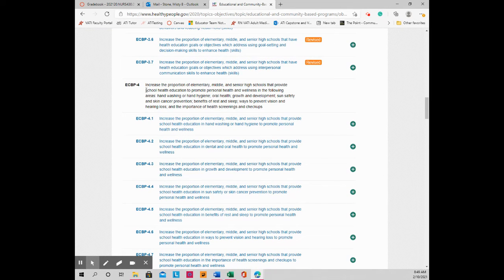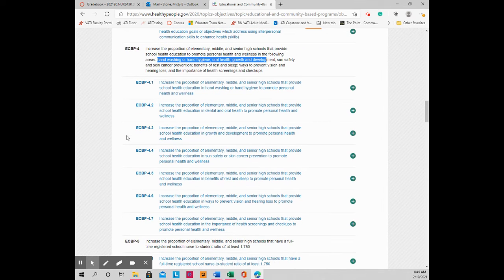And then I get to this one, and it talks about health and personal health and wellness in the following areas: hand hygiene, oral health, growth, development. So this is the one that I want for hand hygiene. Now, under the big umbrella, remember, are the little subcategories. So now I want to come down here since I found my big overview. Now, which one of these subcategories fits what I need?